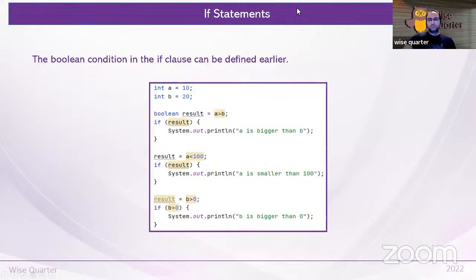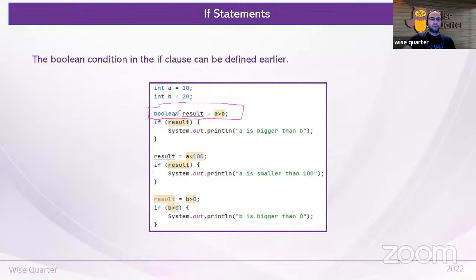We have another one. Until now, we have used the condition directly here, but actually you can calculate it before. You know, Boolean data types can store true or false.